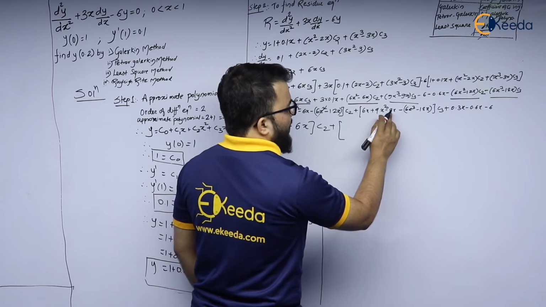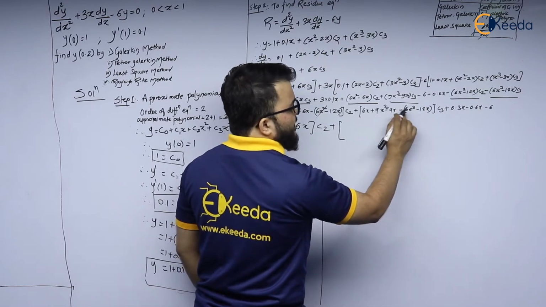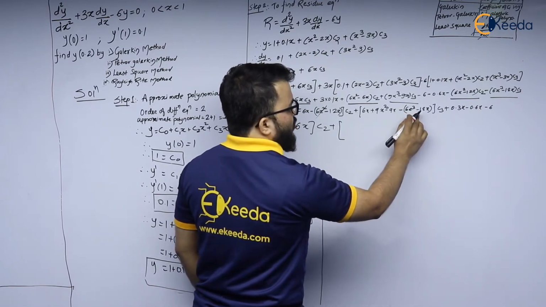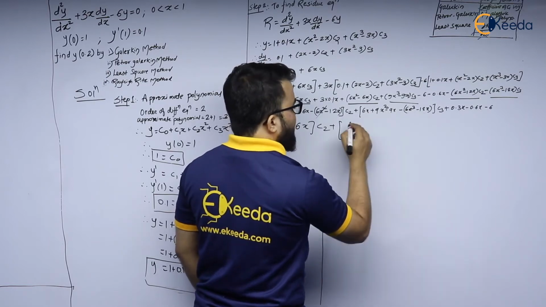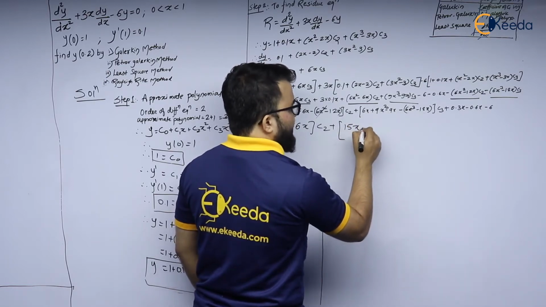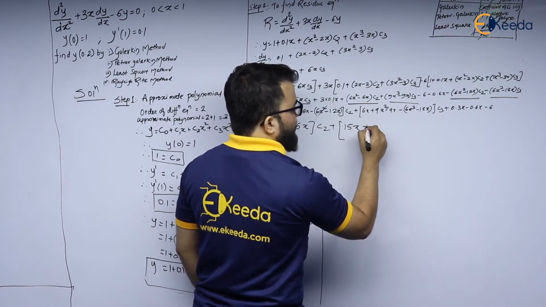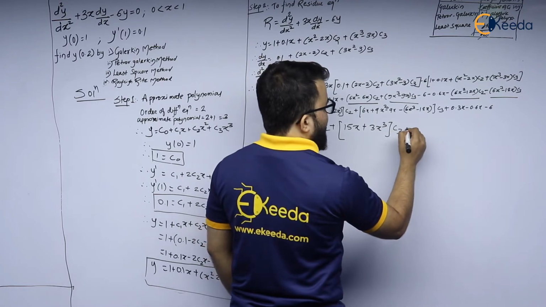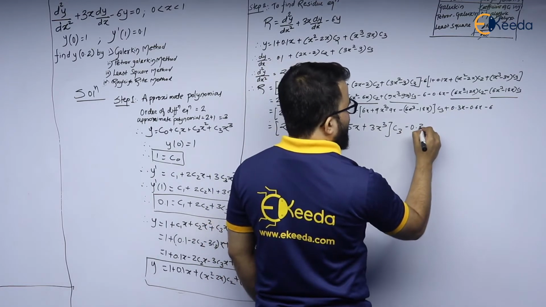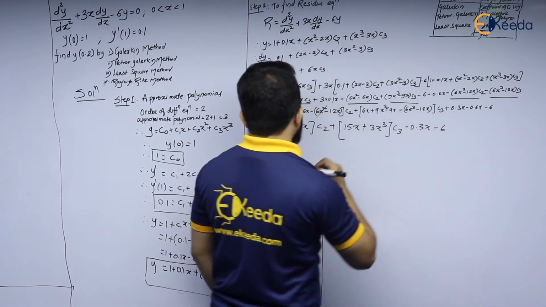Then 6x minus 9x, but due to the minus sign, this becomes 18x. So 6x minus 9x is minus 3x, and plus 18x gives 15x. So this becomes 3x square plus 15x into c3, minus 0.3x minus 6.